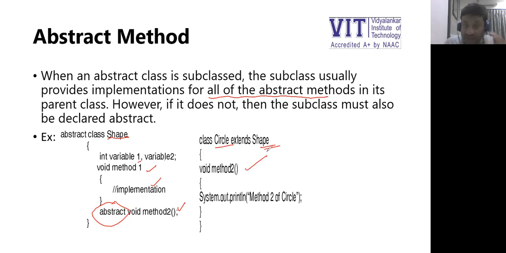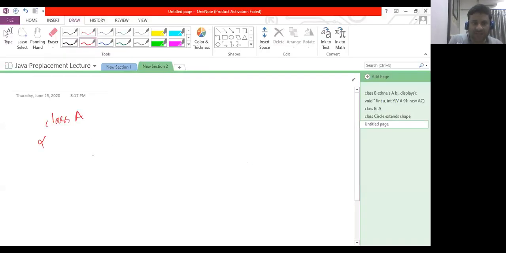Now, there is a point. Now consider why I'm saying all the methods. Suppose a class A has abstract void F1 and abstract void F2, and the class is abstract.